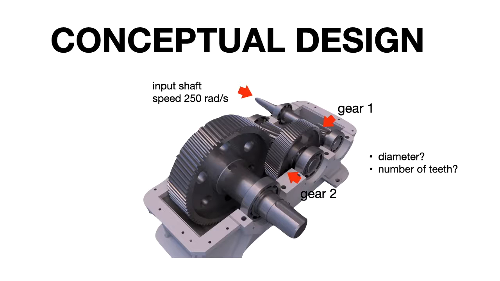Okay, so when you want to design the device using gears, in the future chapters, you will learn how gears with different diameter and different number of teeth will affect the power transmission of the system.